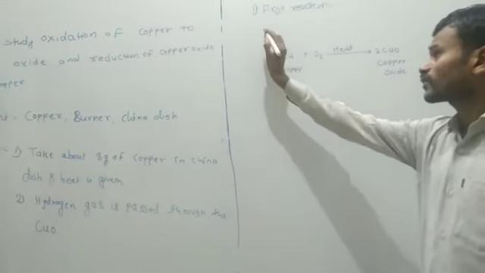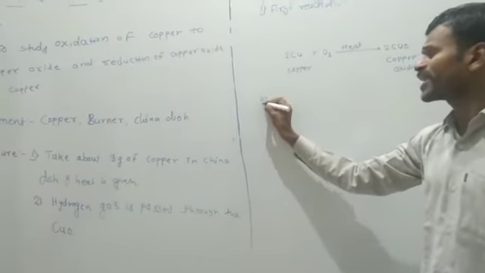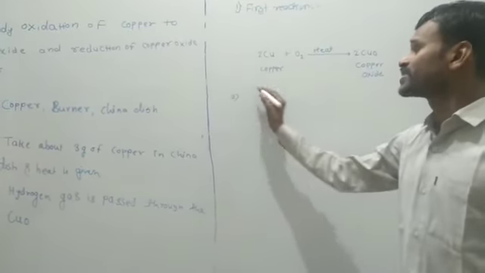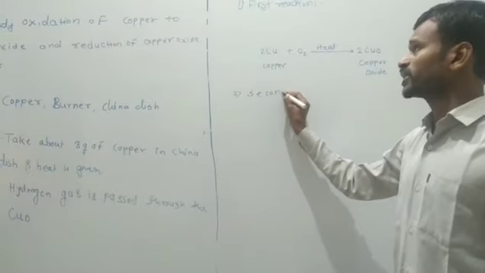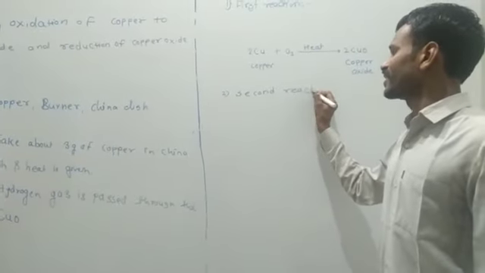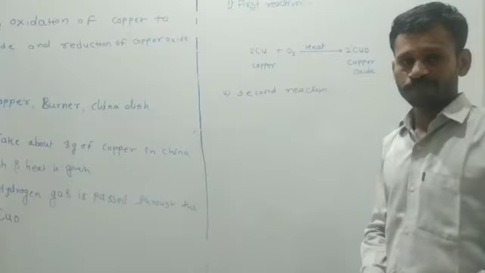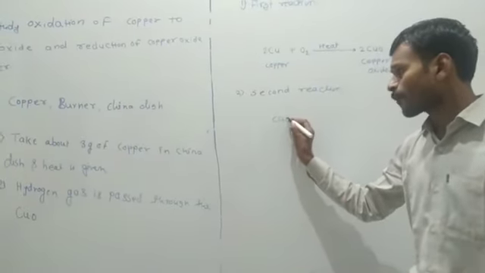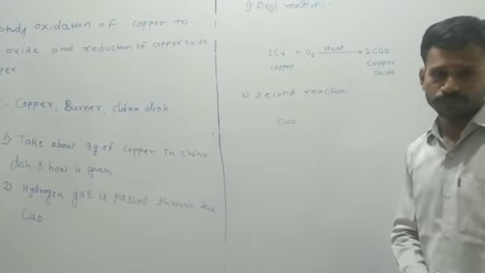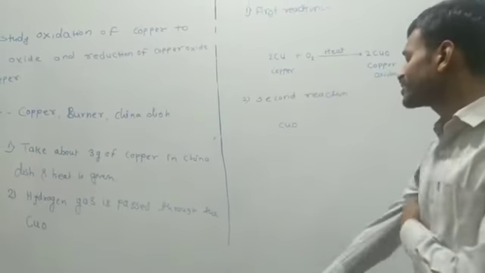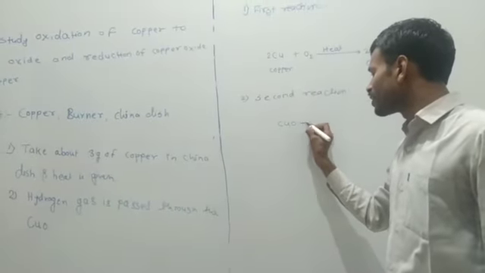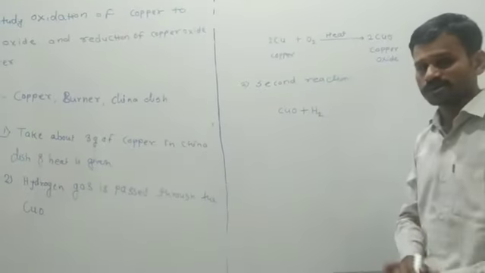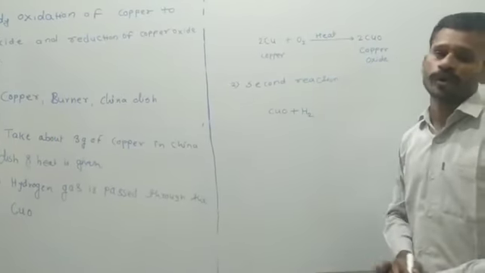Now, after speaking about the first reaction, we'll study the second reaction related to this activity. In the second reaction, copper oxide is there, and hydrogen gas is passed over this copper oxide.